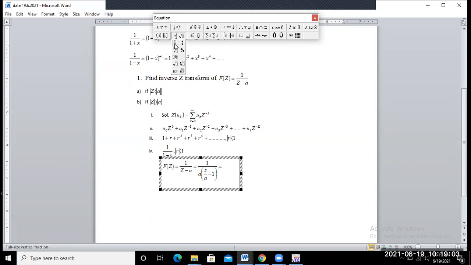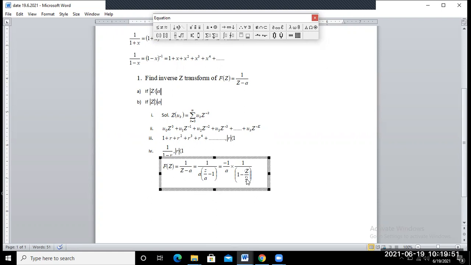So what remains here? Minus 1 by a into 1 minus z by a.